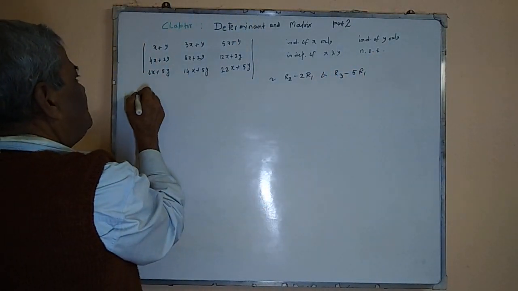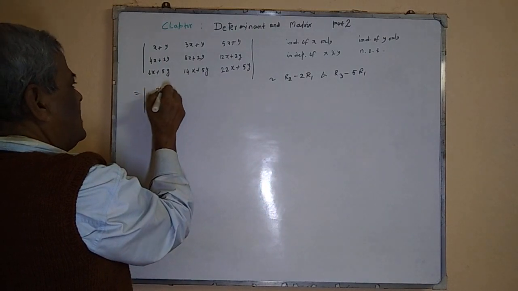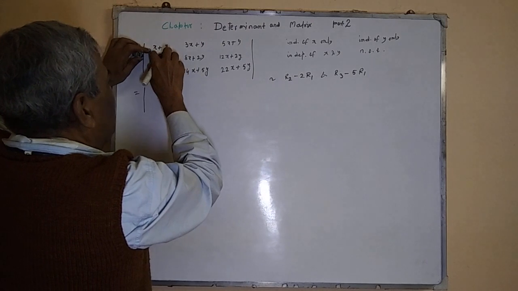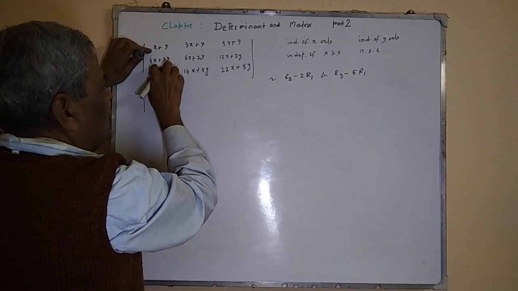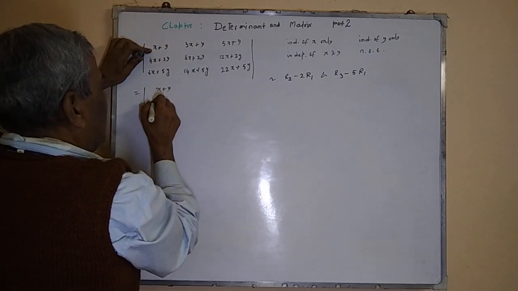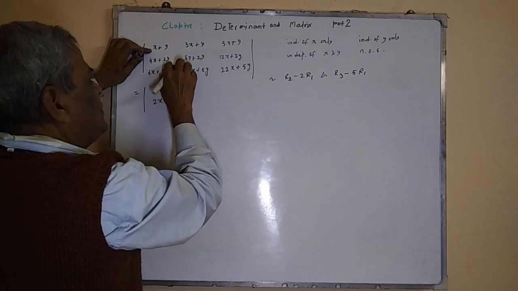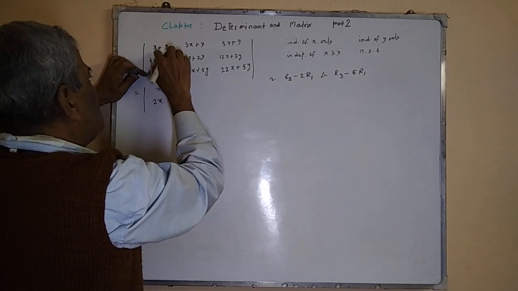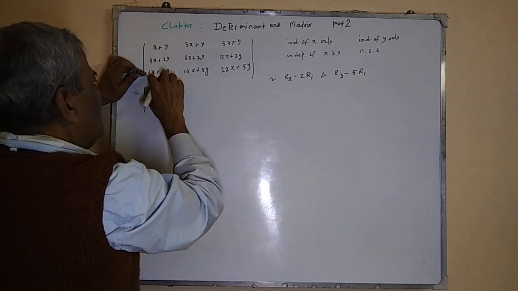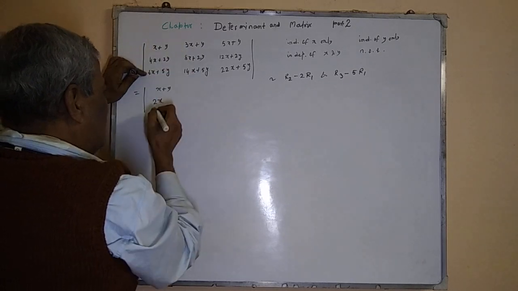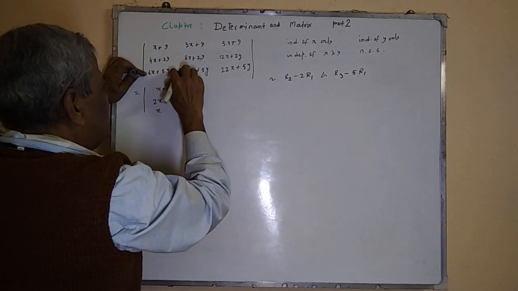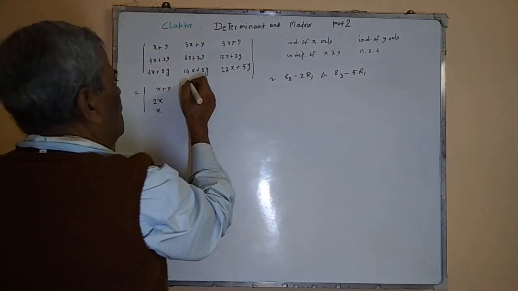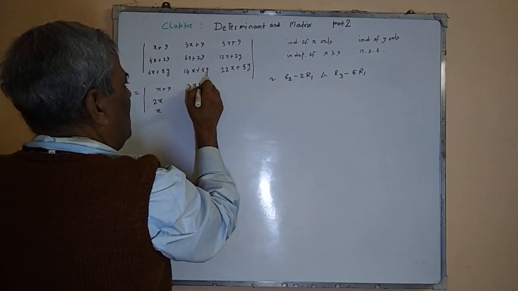This becomes x plus y. We multiply this by 2 and subtract, so it is equal to 2x. It becomes 0. And this is 5 times R1, so 6x minus 5x, so x, and this is 0.